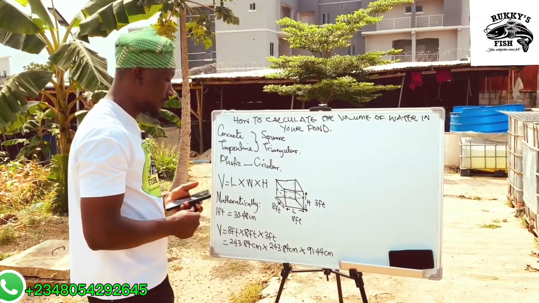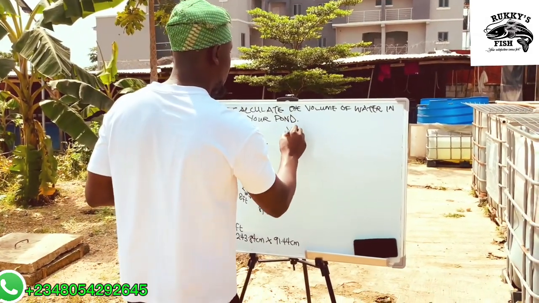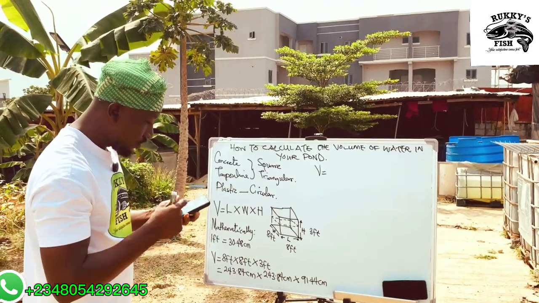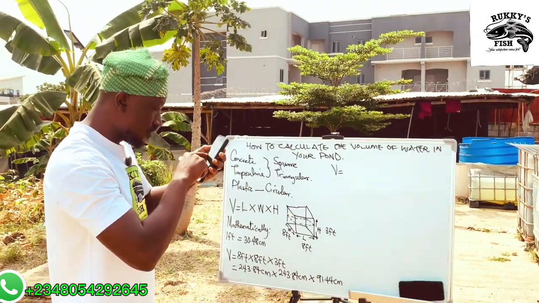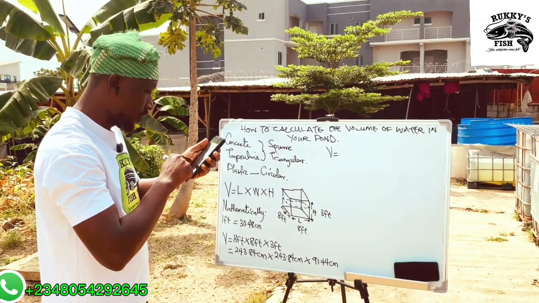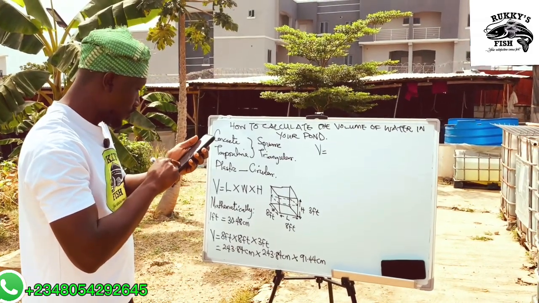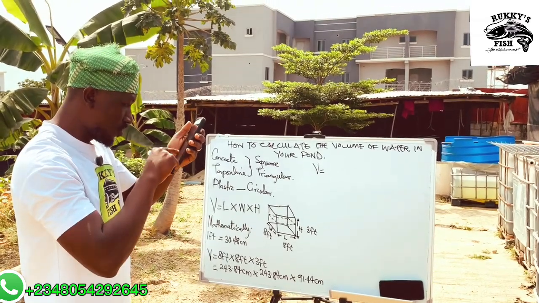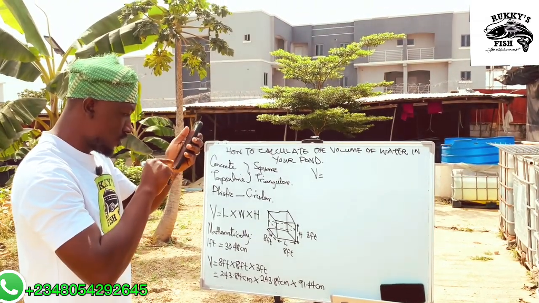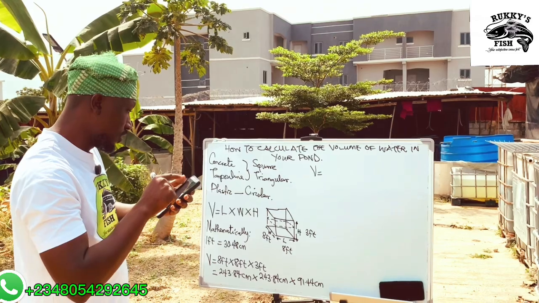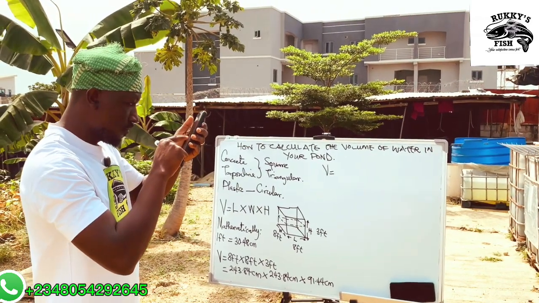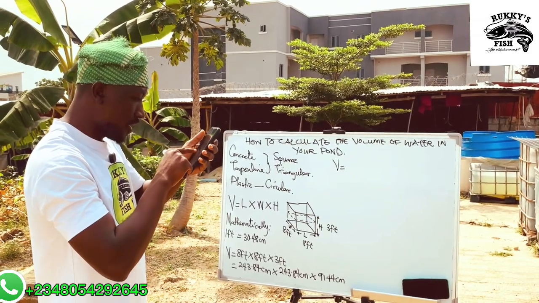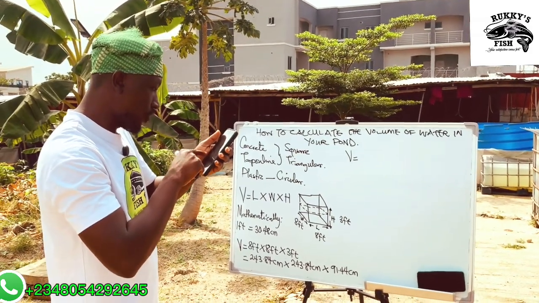Okay, so we go ahead and multiply. So remember, we're looking for volume. We go this way. So we go 243.84 times 243.84 multiplied by 91.44.